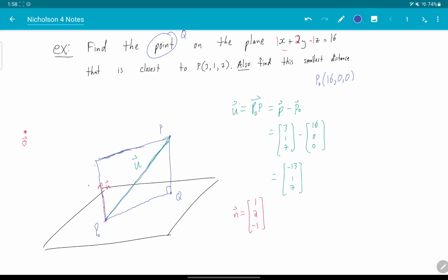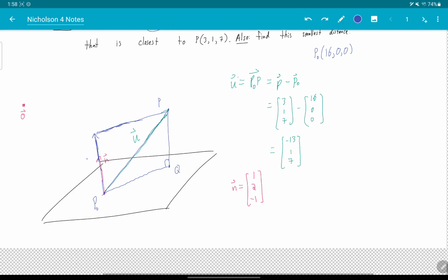Okay, so it's this vector here, which is the same as the vector QP. So again, if I project U, the green vector, onto the red vector, what I'm going to get is actually the vector QP. Let's write that down.